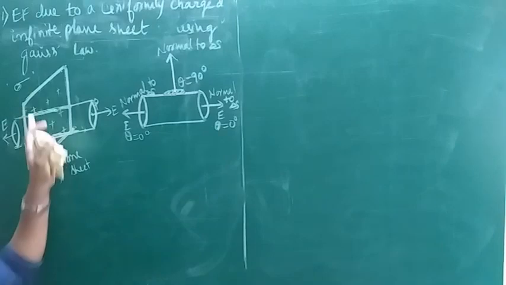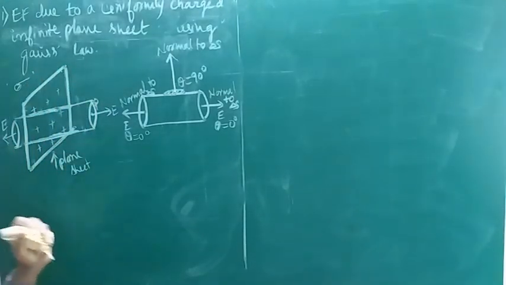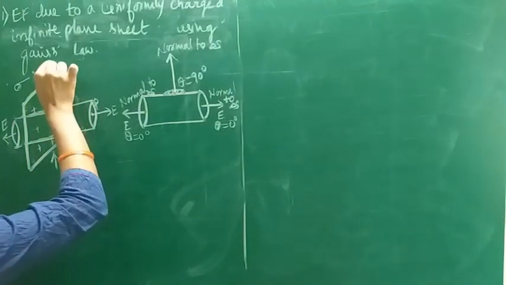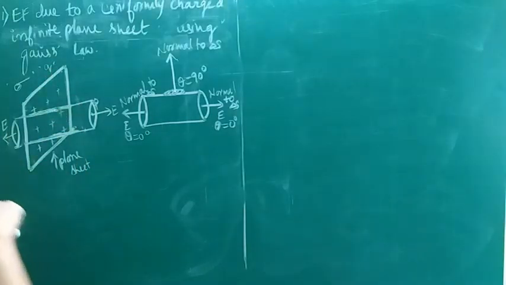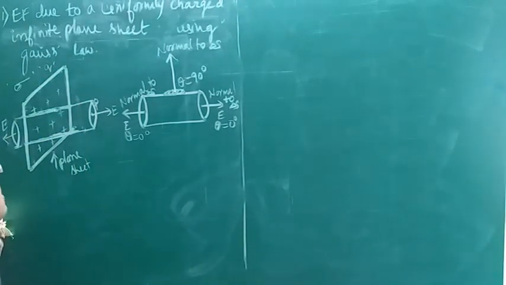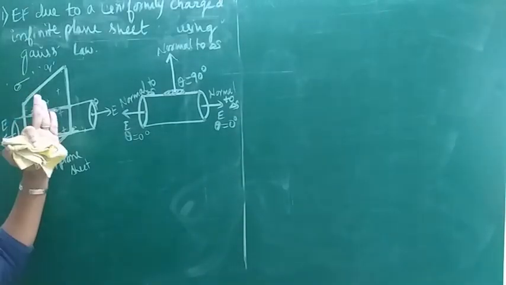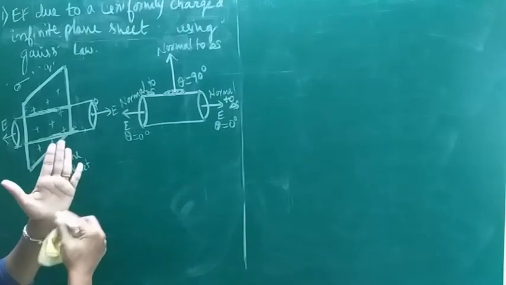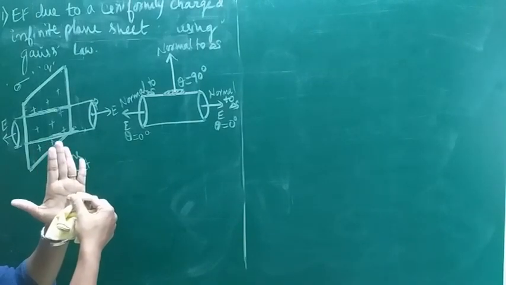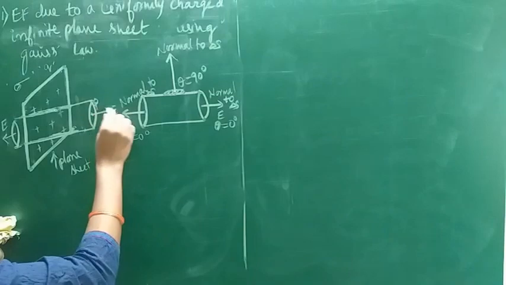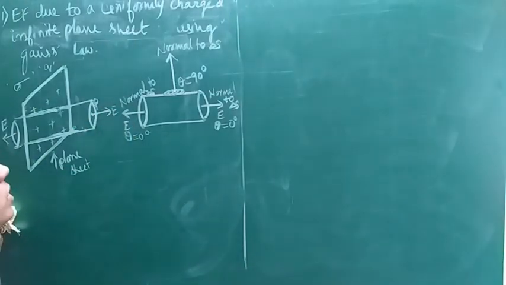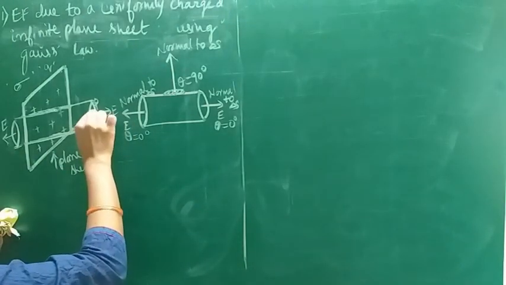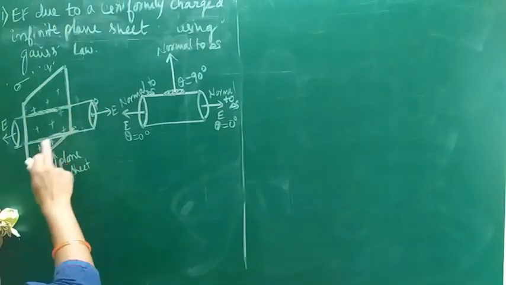Consider sigma to be the surface charge density of the plane sheet and Q the total charge present in this plane sheet. Since this is also an infinite plane sheet, the electric field due to this positively charged plane sheet is radially outward. Let it be E. Now we need to find the total electric field at the point P near this plane sheet.